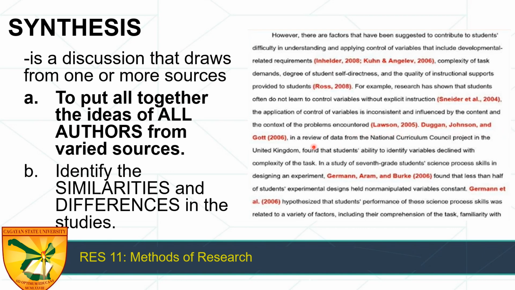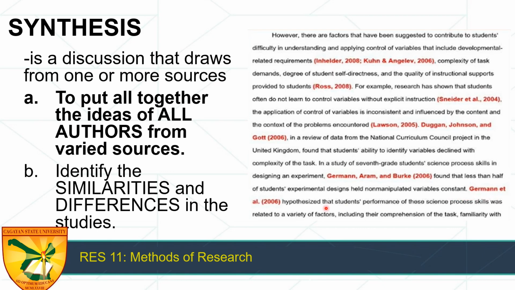Dugan, Johnson, and Gott in 2006, in a review of data from the National Curriculum Council project in the United Kingdom, found that students' ability to identify variables declined with complexity of the task. In a study of 7th grade students' science process skills in designing an experiment, German, Aram, and Burke in 2006 found that less than half of the students' experimental designs held non-manipulated variables constant.